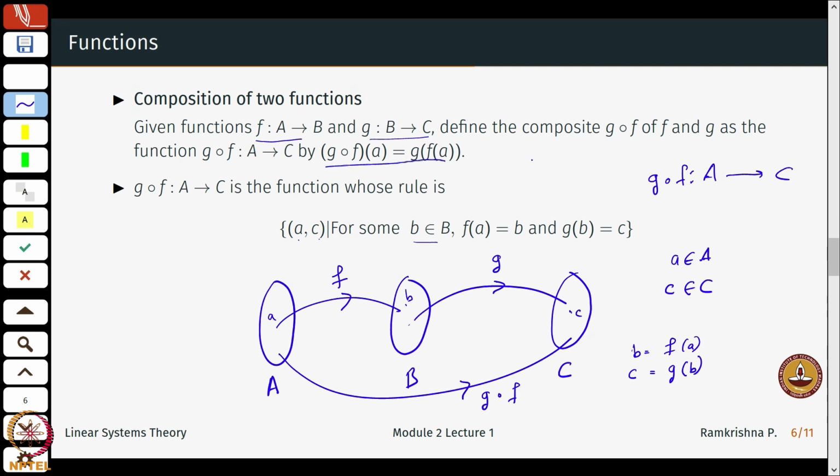So f composed with G of A, I can write simply as G of f of A. We would have done several things like this without really understanding that we are actually doing a composition of functions. For example, sine of x square, or functions like square root of 1 plus x square and several things like that.